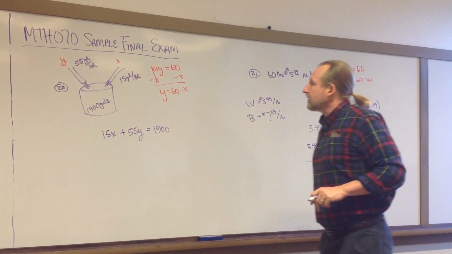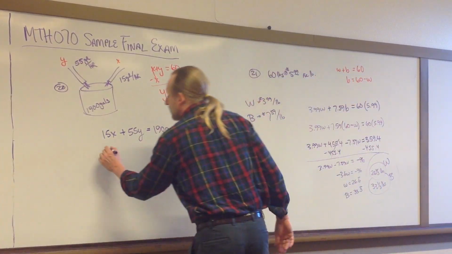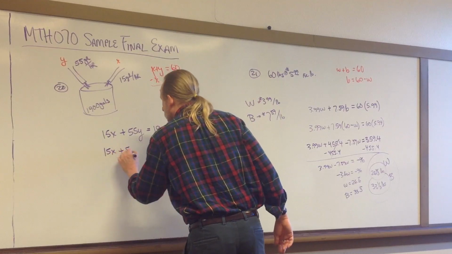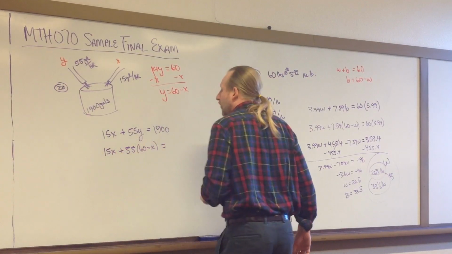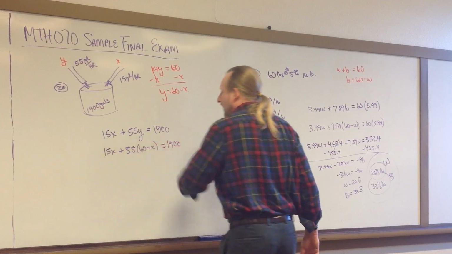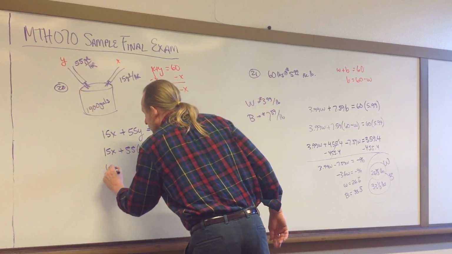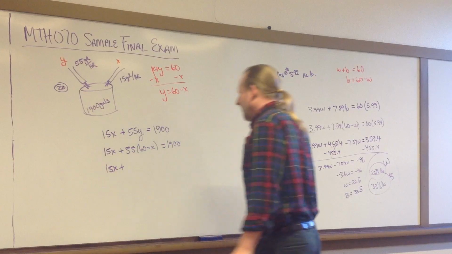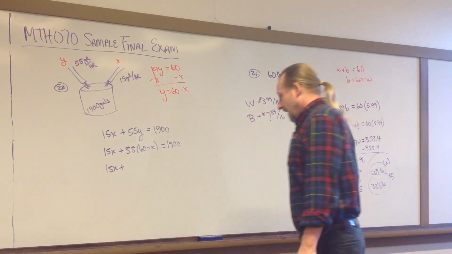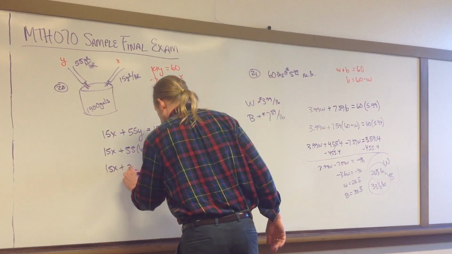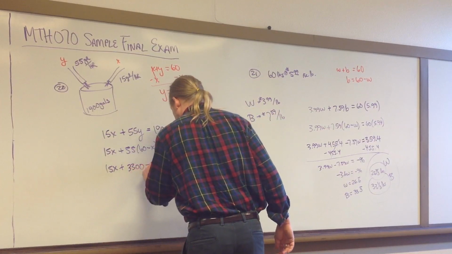And then we'll take this y equals 60 minus x and substitute it in for the y. And now we get to solve. So 15x plus, let's see, what is that going to be? 3,300? I'll double check that.